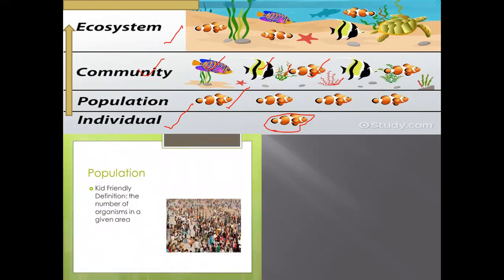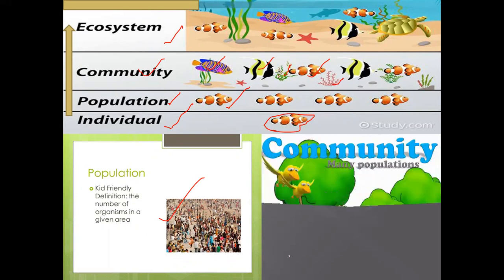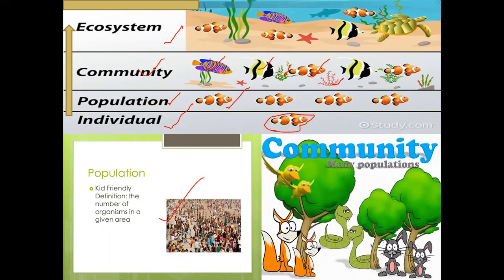So here we will see again the population, the number of organisms in an area. You see this number of organisms. What type of organisms? The same kind of organisms, like human beings. So if we see a community, so many populations are there: rabbits, these types of trees, plants, birds, reptiles, and these foxes.